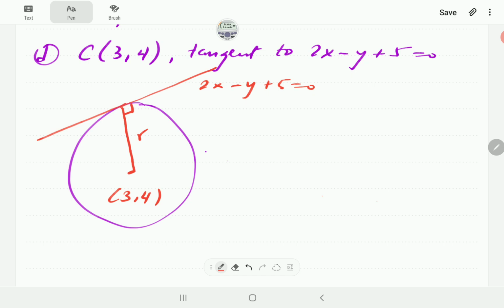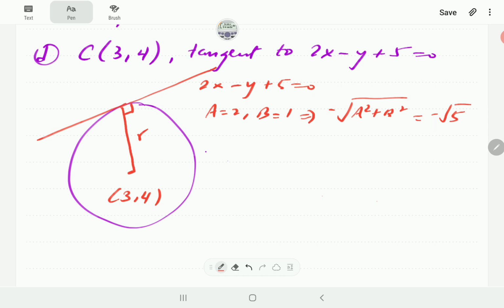So a is 2, b is minus 1, so that means square root a squared plus b squared. Going to go for the negative sign because the constant is positive. So there's going to be 2 squared plus 1 squared, so it's going to be square root 5.